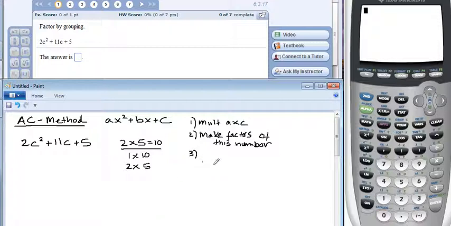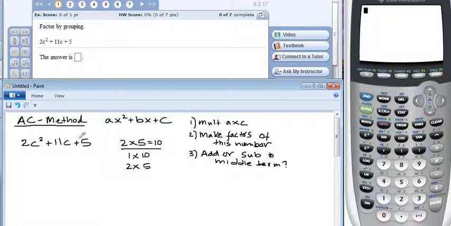Third step. We want to decide, now this is not different from the other type, the easy ones, whether to add or subtract to the middle term.